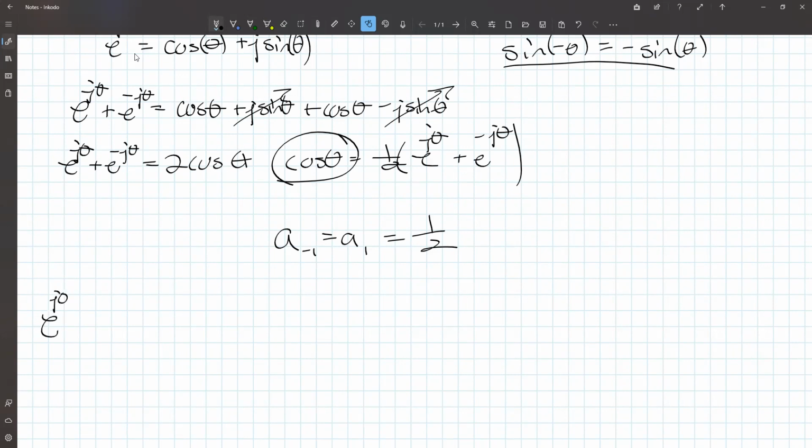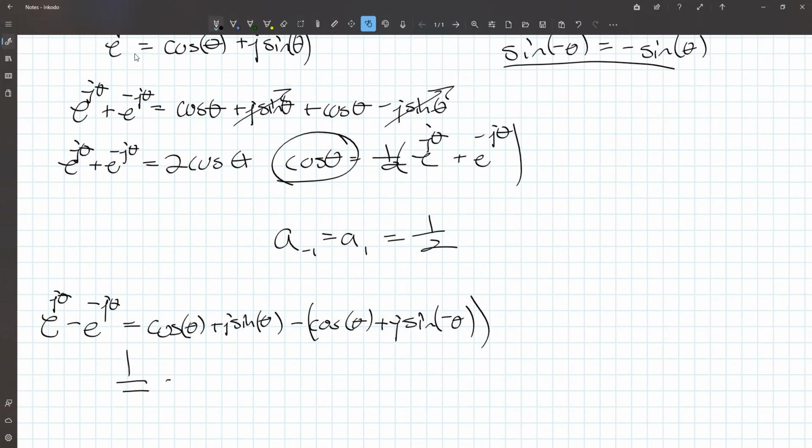e to the j theta minus e to the negative j theta. I'll just do it all. It doesn't hurt. I get cosine of theta plus j sine theta minus cosine of negative theta, but cosine of negative theta is equal to cosine theta. So I can just write theta, in parentheses, plus j sine of negative theta, right?